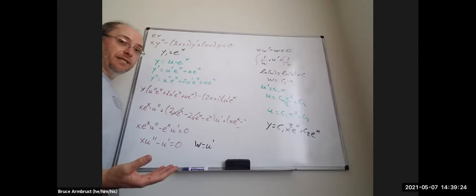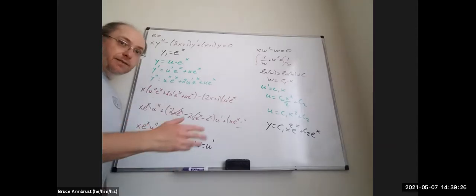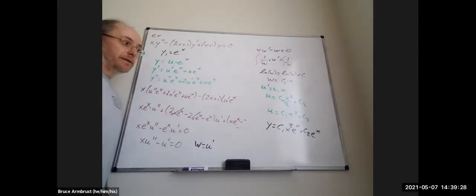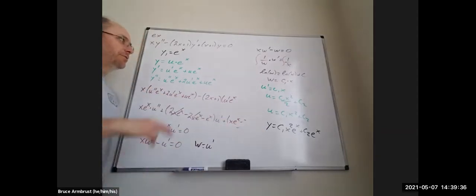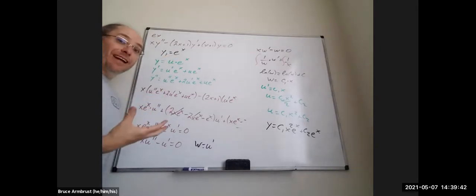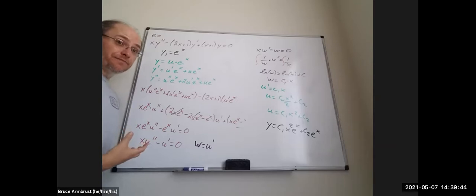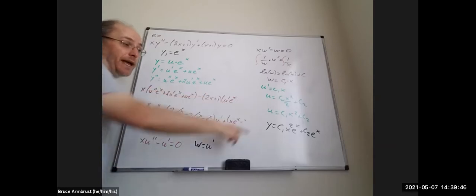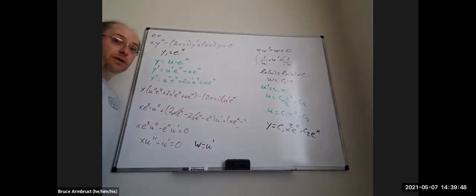whether it's homogeneous or non-homogeneous to start with, it's still going to bring you to the right place. And similarly, we now know a fundamental set of solutions. We already knew e to the x, because I told you. But even if we had just figured out e to the x works, we now know x squared e to the x also works. Try it.